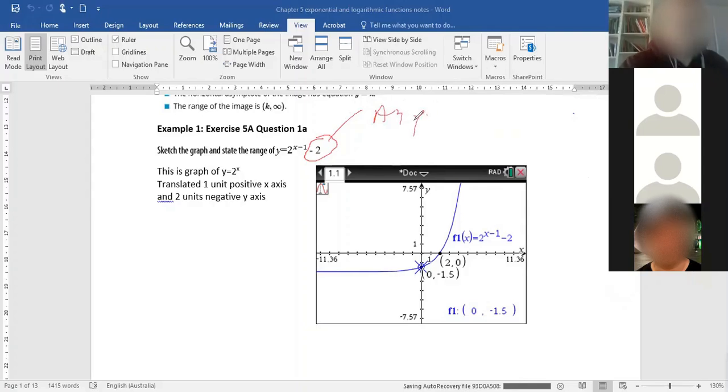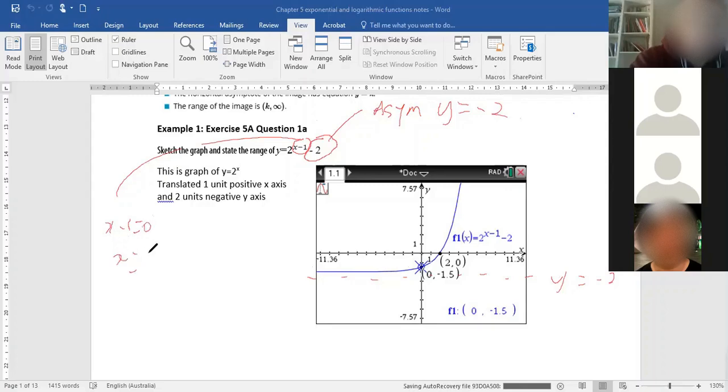The asymptote is at y equals -2. We also know that it's being translated 1 unit in the positive direction because x minus 1 equals 0, x equals 1, along the x-axis.